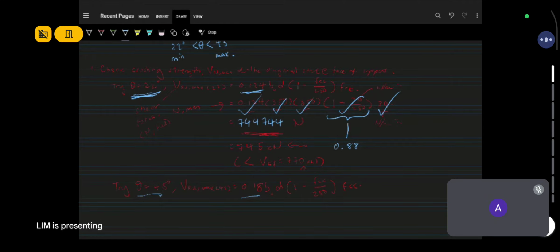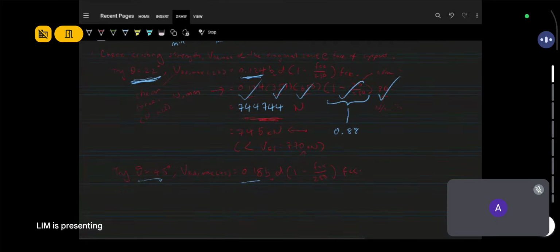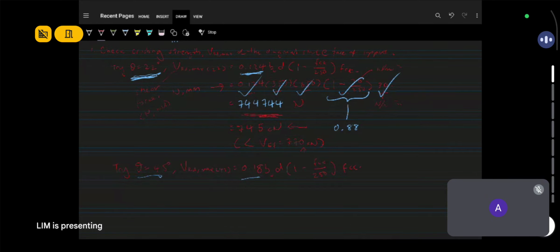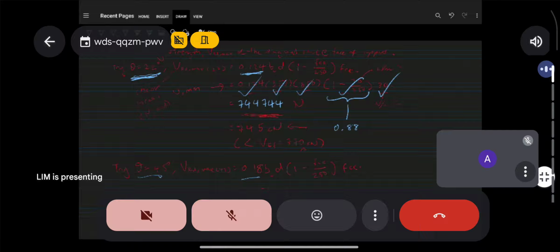So you take 745 divided by 0.124 times 0.18. What do you get? 1081. Now 1081 is bigger than VF, because VF is 770 only.